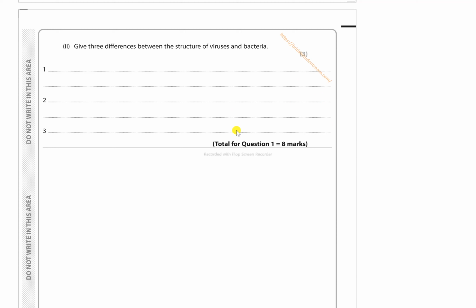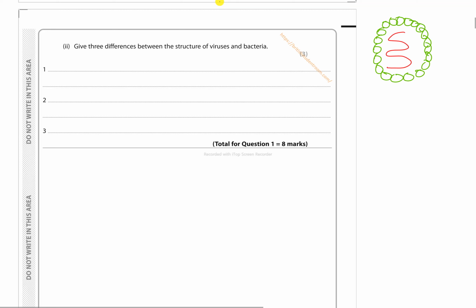Right, did this earlier. So you have a virus which has got genetic material in the middle. It's got a protein coat that goes around like this. Right, so you've got to know this structure, and then it takes a cell membrane coat from the host cell. That genetic material is either DNA or RNA.